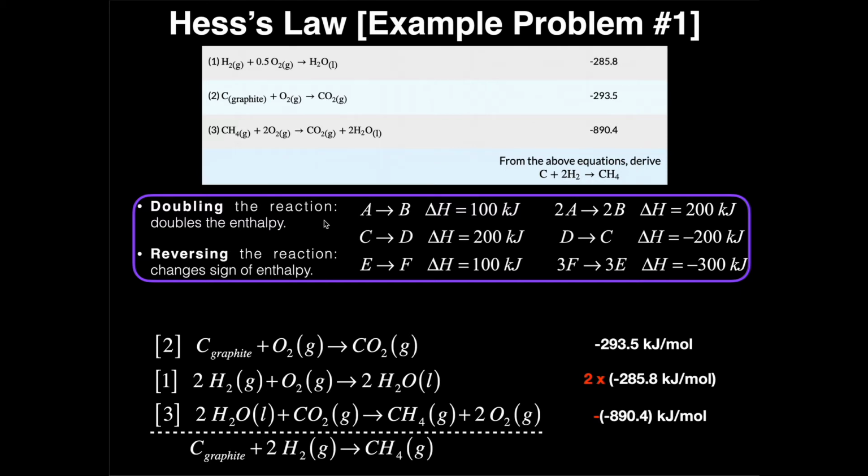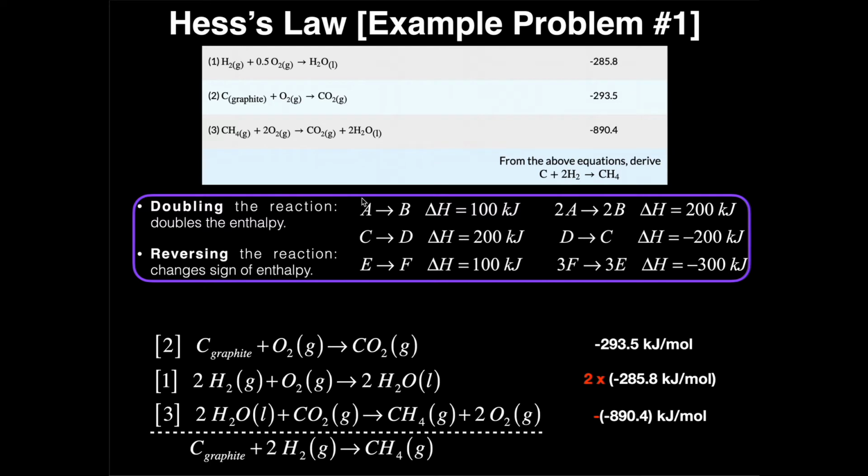Now, this might seem a little bit weird to you, but just bear with me. So let's suppose I have a reaction where A goes to B. I could easily just have that as oxygen goes to water. Okay? These are just chemicals. A goes to B. And let's say the enthalpy associated with that reaction of A to B is 100 kilojoules. If I double the reaction, that just means whatever the coefficients are in front of these chemicals, I just double them.